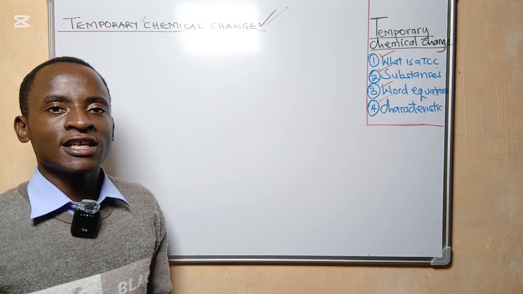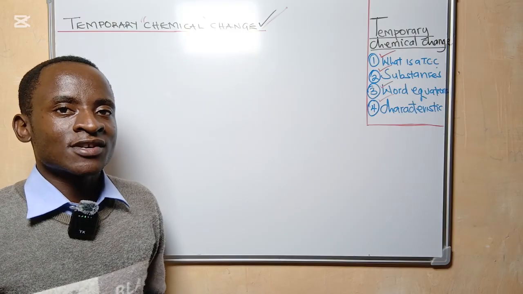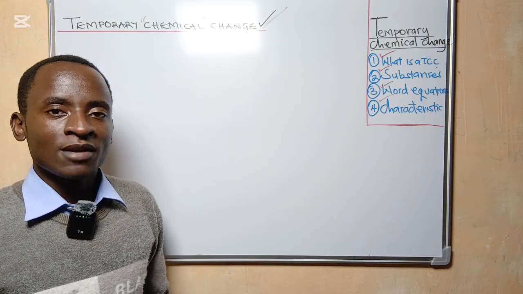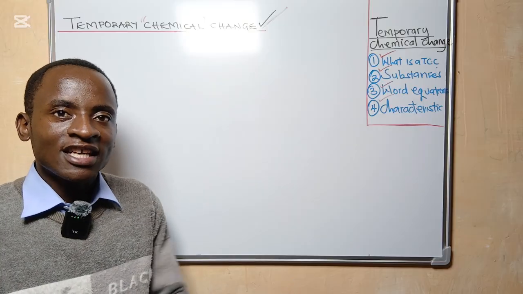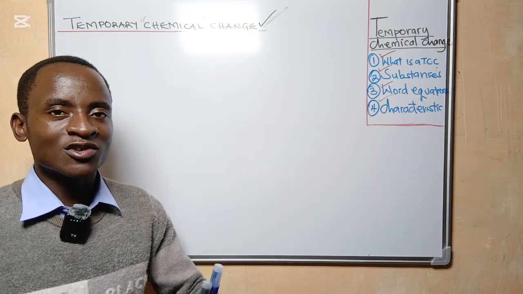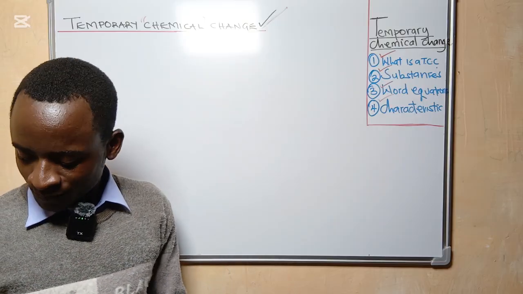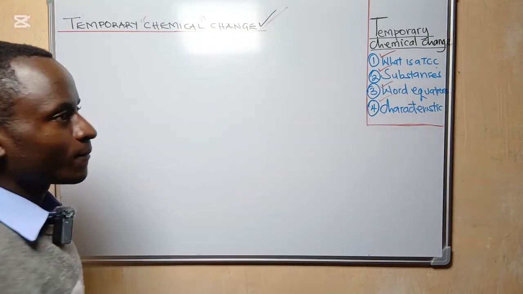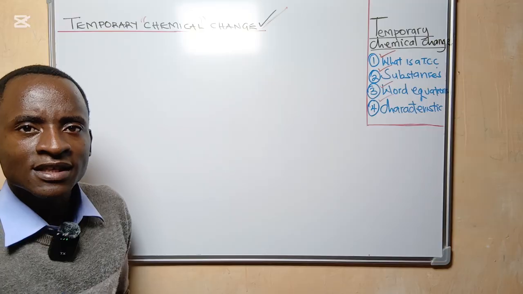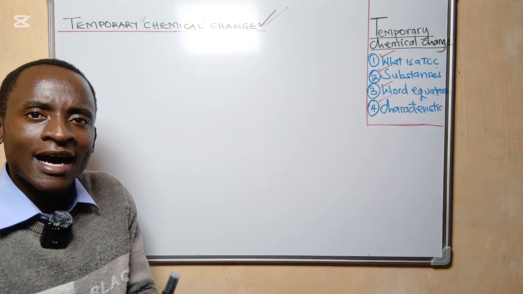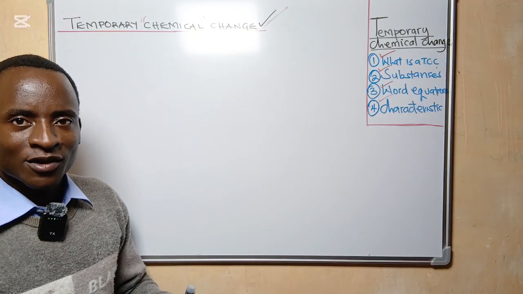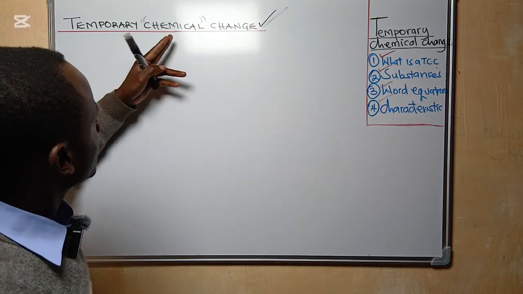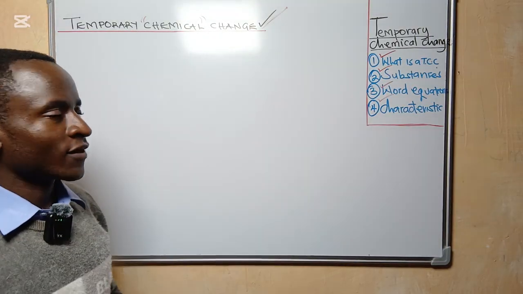It only leads to alteration in terms of size, shape, and maybe structure. Now, in a temporary chemical change, the chemical composition of substances is altered in one way or the other. That's why we refer to it as a temporary chemical change.